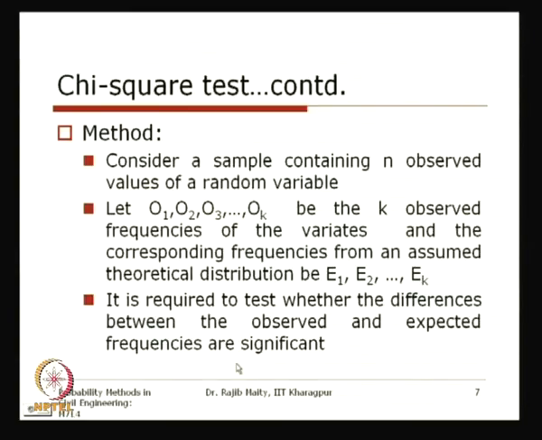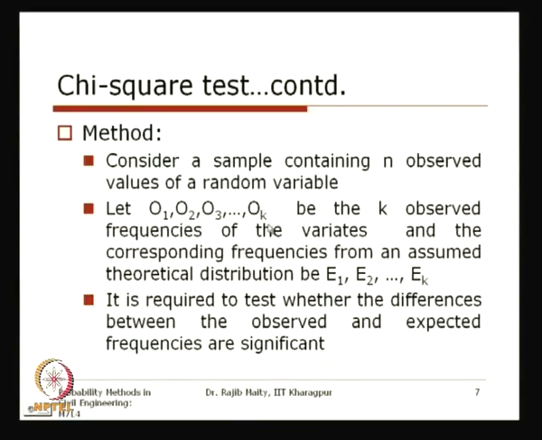What is done, we'll now discuss in different steps. First of all, let us consider that a sample contains n observed values of the random variable. So the data that we have is n numbers of data. Now, with this notation, let O1, O2, O3 up to Ok be the k observed frequencies of the variates, and let the corresponding frequencies from the assumed theoretical distribution be E1, E2, E3 up to Ek.